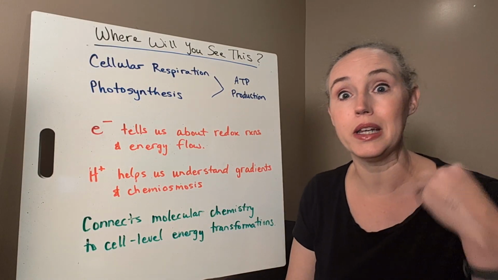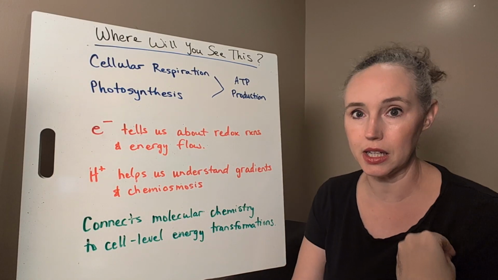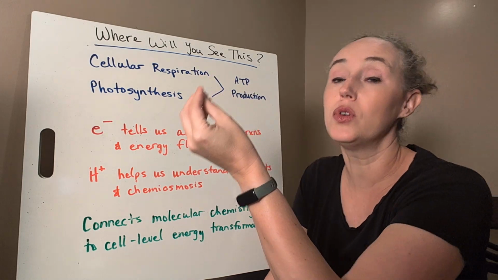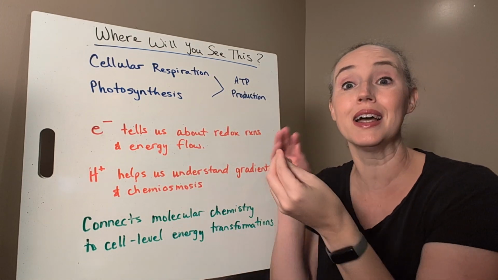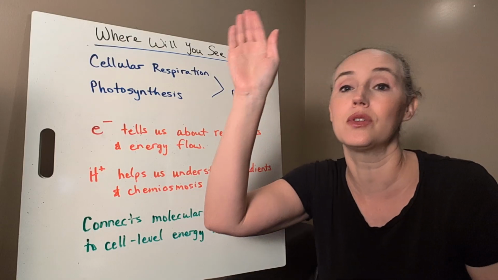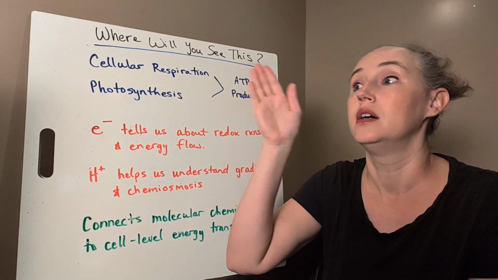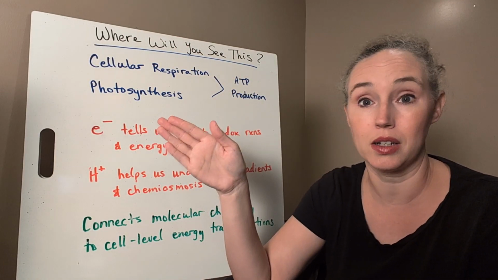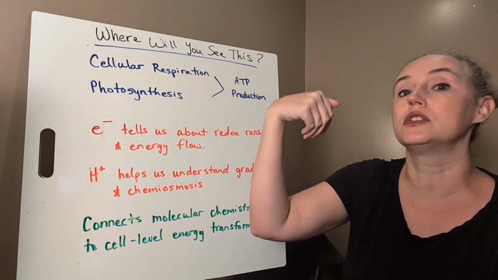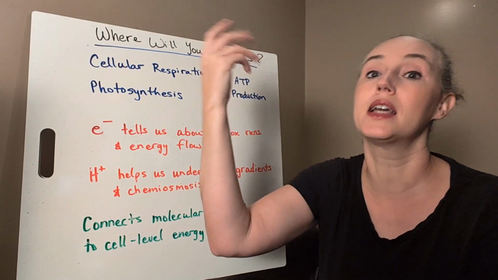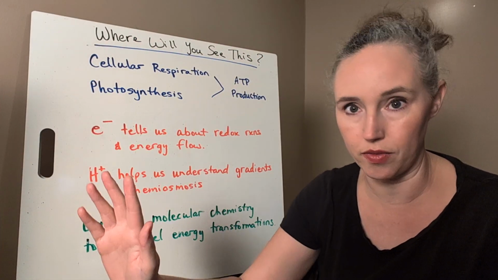And to make those, we need a redox reaction. We're giving electrons from one place to the electron carrying molecule. Then that electron carrying molecule is taking it to another part of the glucose making process. And then it is going to oxidize and give away its electrons to drive that process.